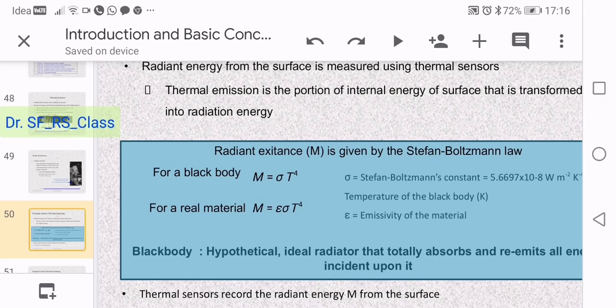We know the Stefan Boltzmann's constant, and if we are able to identify the emissivity of the object, then the temperature of the object at a particular instant can be identified. So we need to identify the emissivity from this formula.